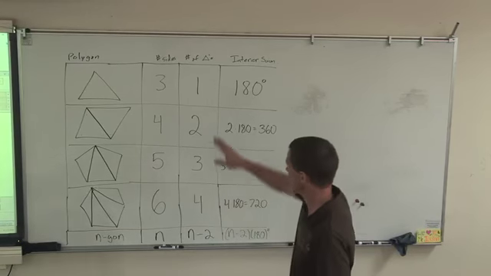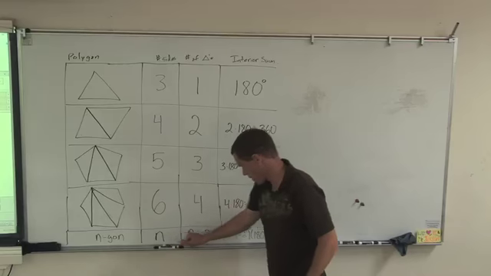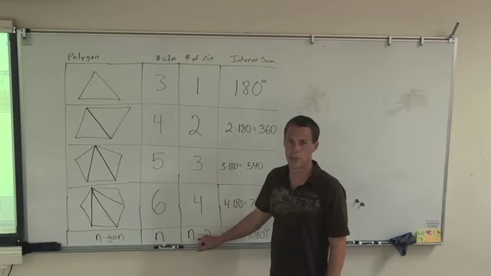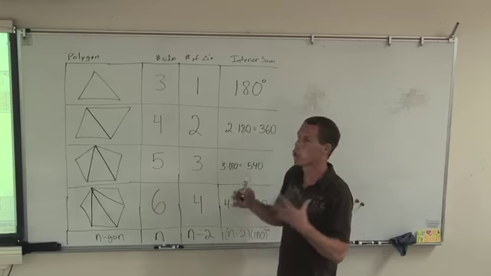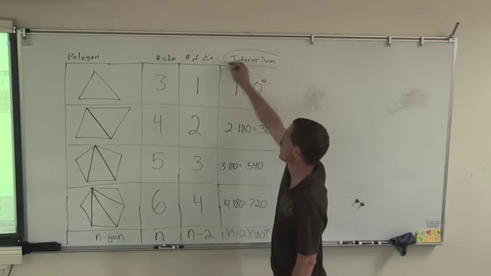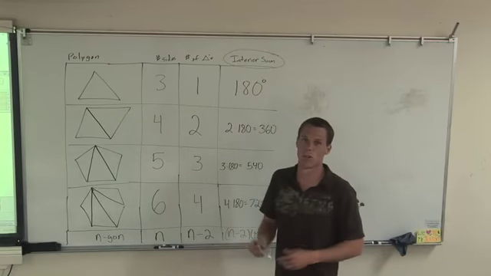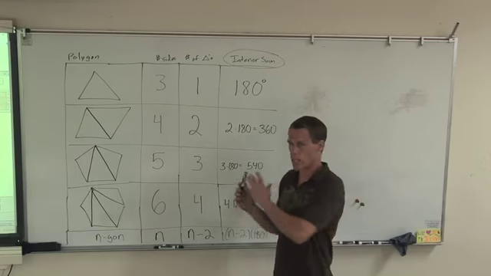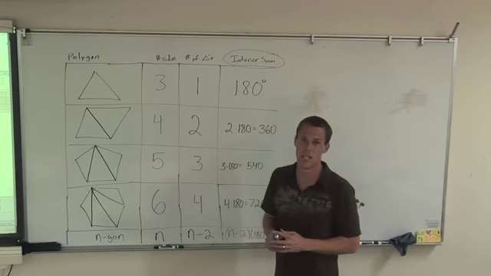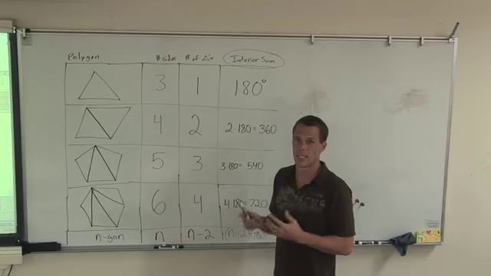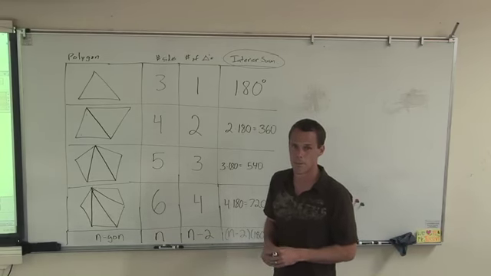I would say, well, 10 sides is going to have 10 minus 2, or 8 triangles. 8 times 180 is the total interior sum, the total of all the angles. We're going to use that information and what we just did on this chart to go back to our lesson now and look at what is called the polygon interior angle sum theorem.